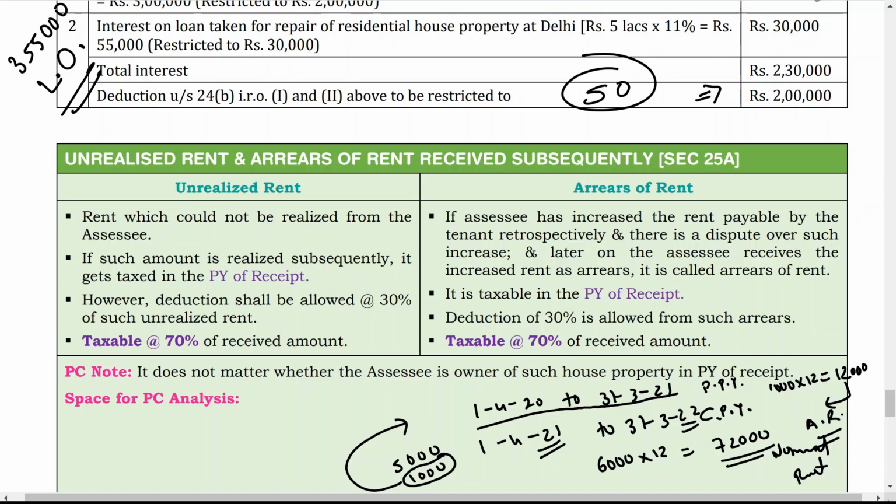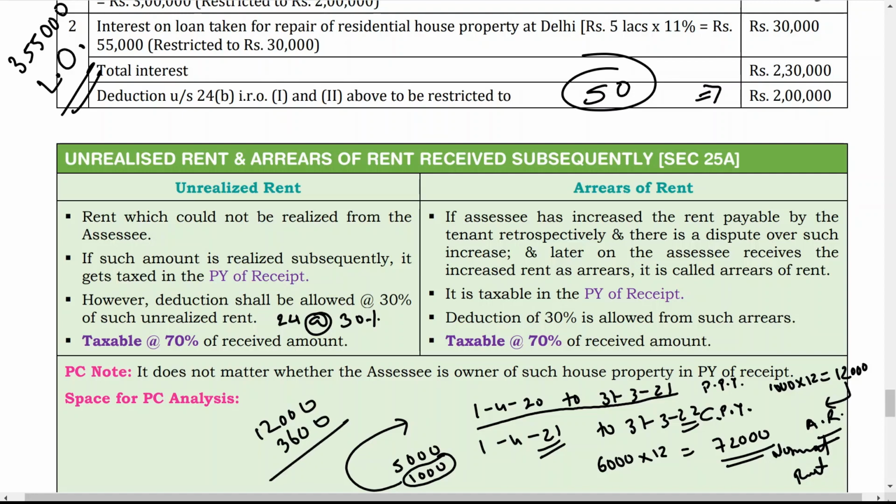However, deduction shall be allowed at 30% of such unrealized rent, because in income from house property we get a standard deduction of 30% under section 24A. So that is why a 30% deduction is available for unrealized rent, and a deduction of 30% is allowed from such arrears of rent also. So from 12,000 you will get a 30% deduction, that is 3,600.